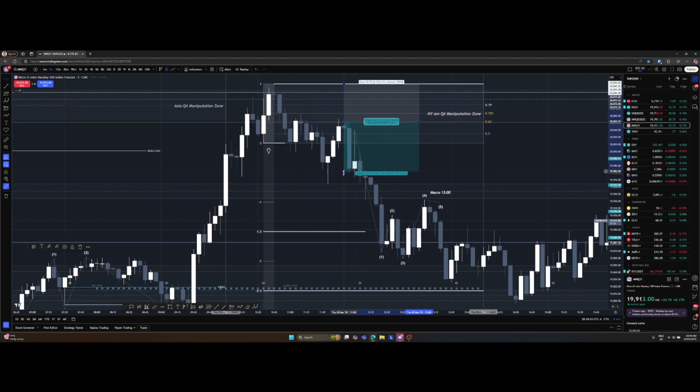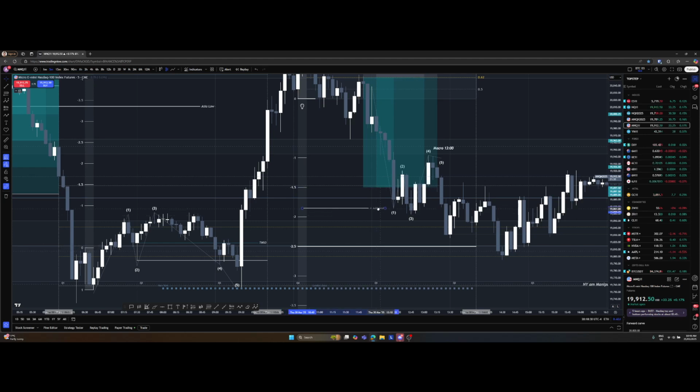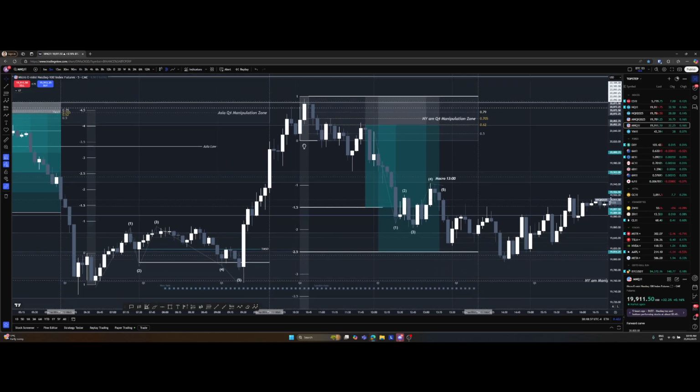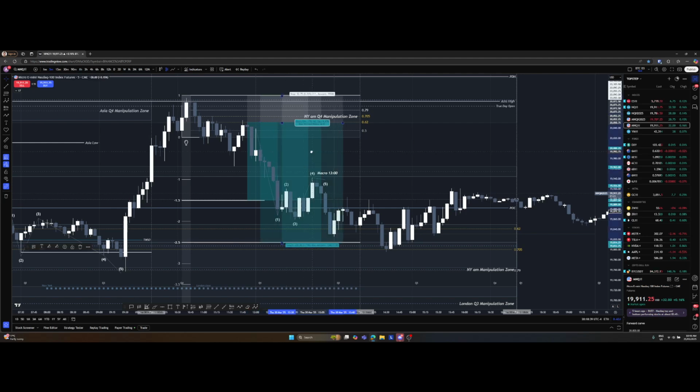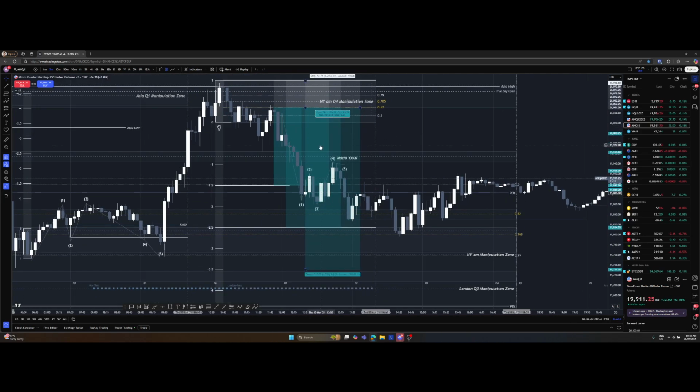And same thing, targeting SD 1.5, 2.5, 3.5 and 4 to 4.5.